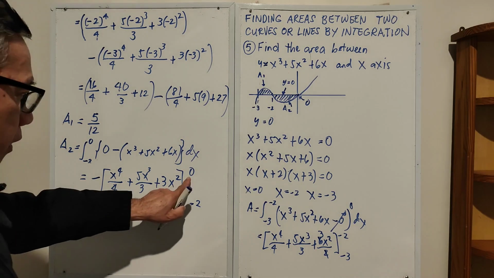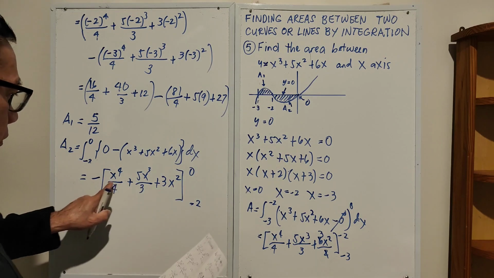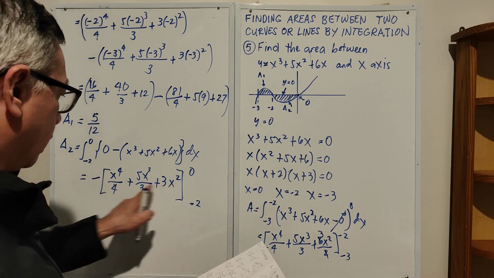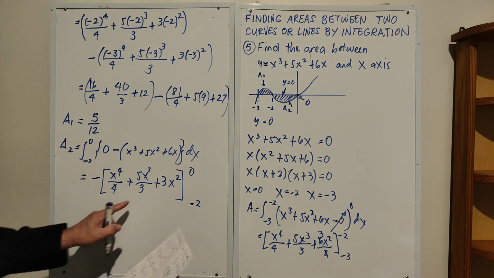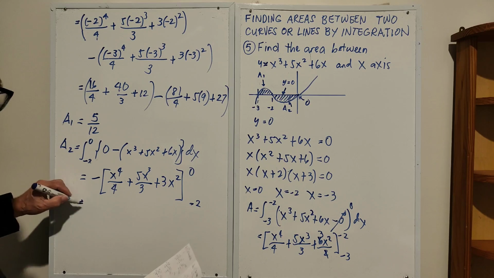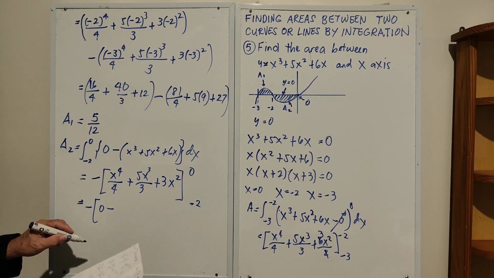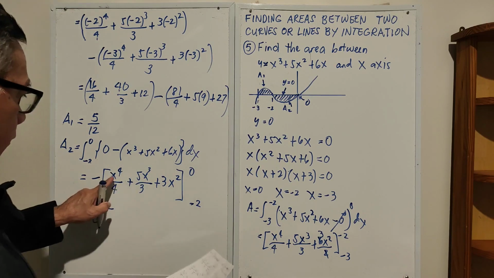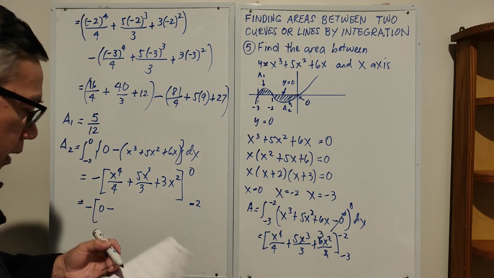First we substitute 0 to all of the x. Since they all have an x variable, it will be 0. So you will have 0 minus the whole of this one with negative 2 replacing all of the x's.